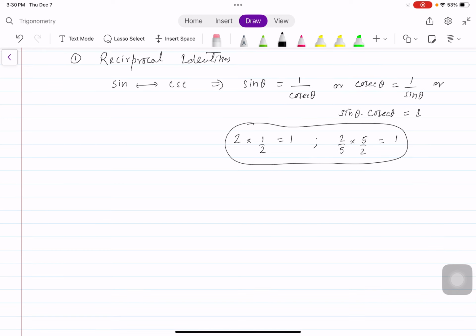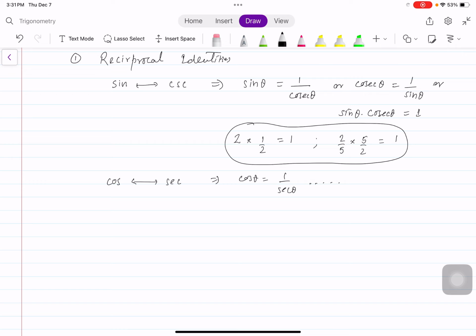Similarly, another relation is between cosine theta and secant. They also hold a similar type of relation: cos theta equals 1 over secant theta.